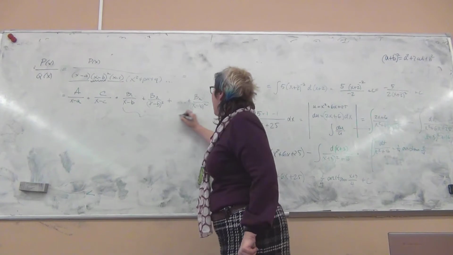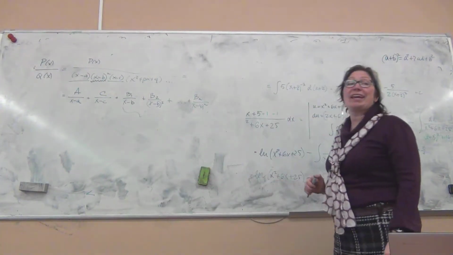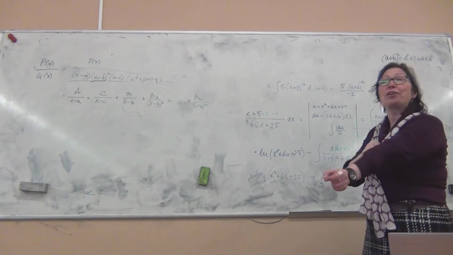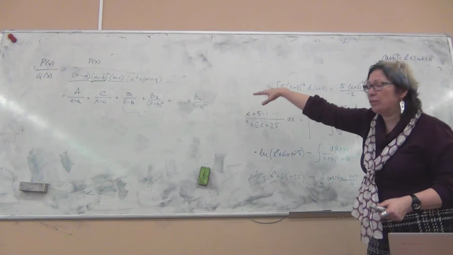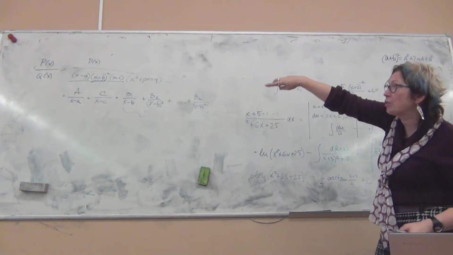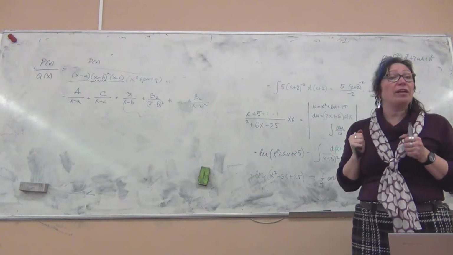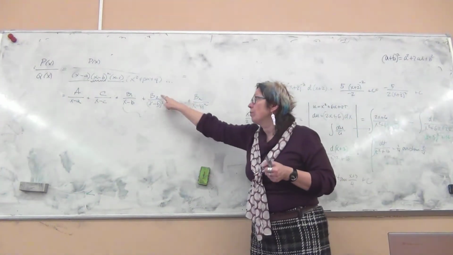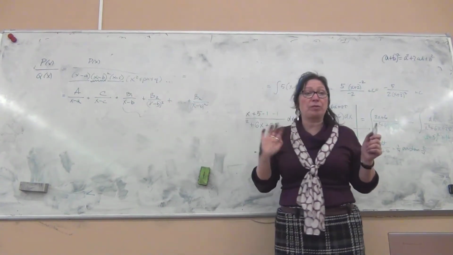So as soon as we get a power of a factor, a multiple factor, it immediately provides us with n fractions. The good news is that quite often many of those capital B values become zeros.